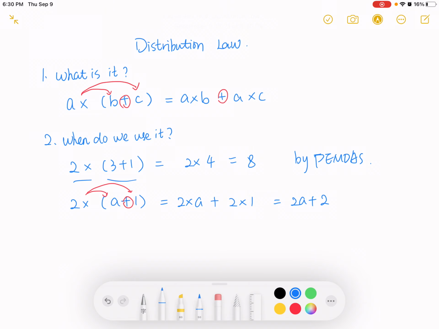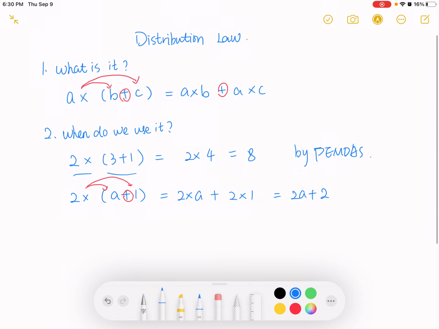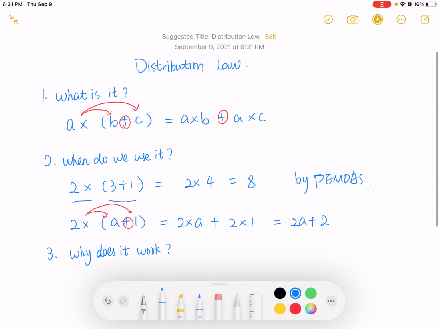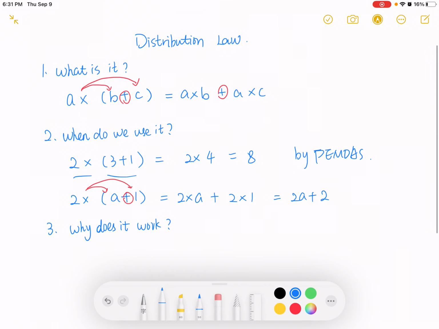Okay, and then the last question is, why does it work? It seems like it's a crazy law. Like, why could you just distribute it? Doesn't make sense. But I would like to say that any law in math has a reason behind it.